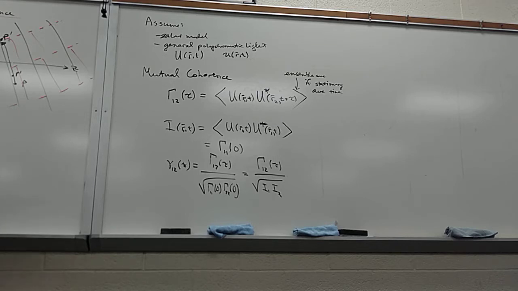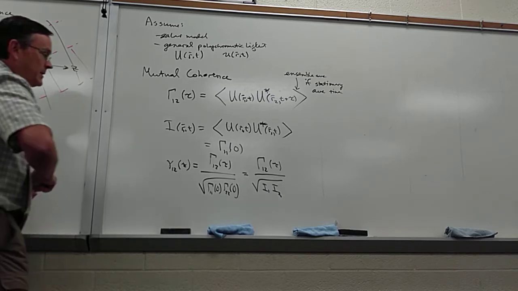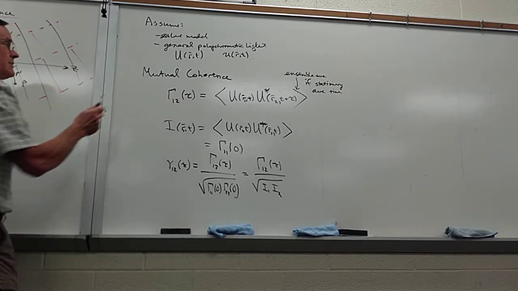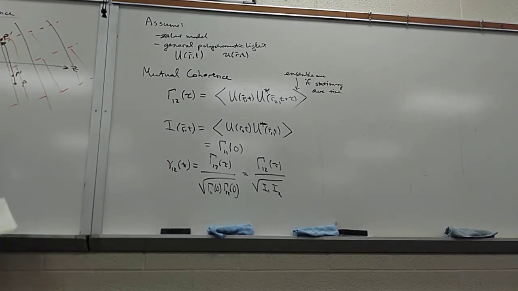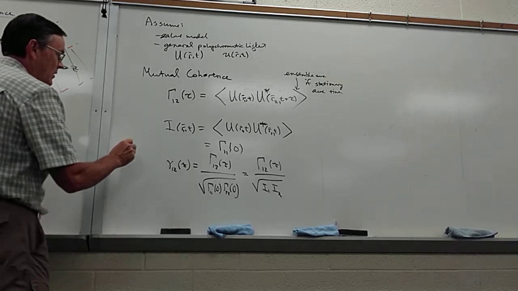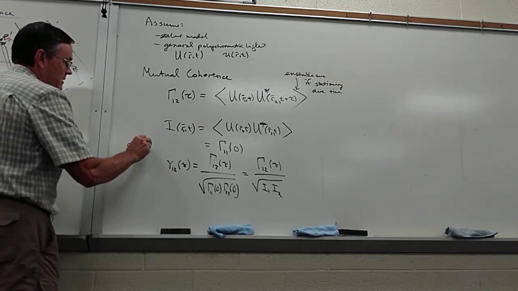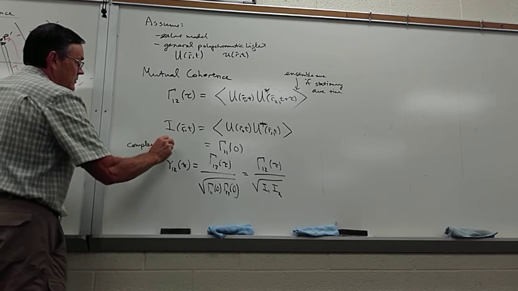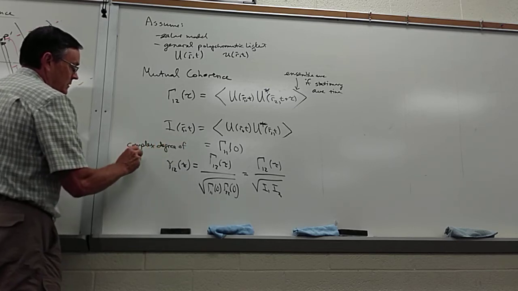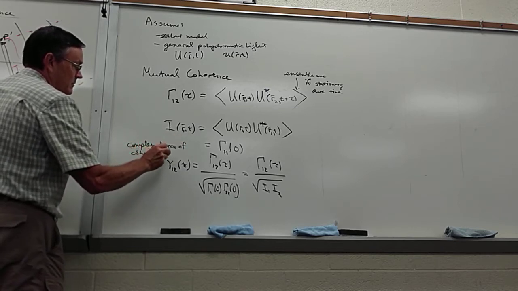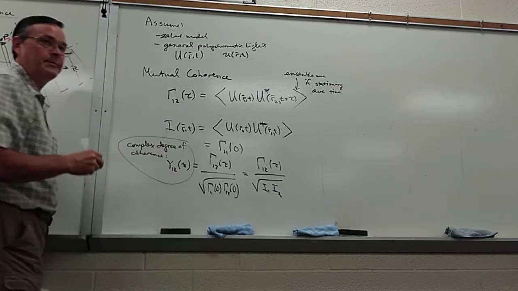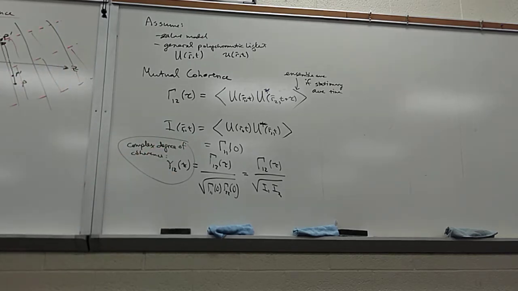Little gamma is a normalized version of the mutual coherence, and we call it the complex degree of coherence.